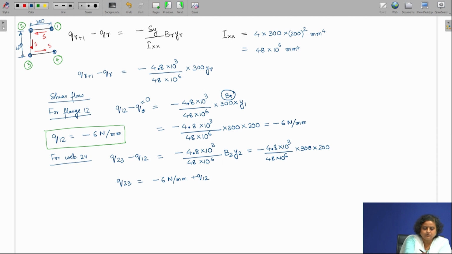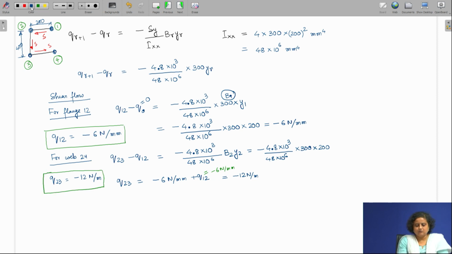Now, Q12 is again minus 6 Newton per millimeter. So, therefore, this is going to be minus 12 Newton per millimeter. So, Q23 is equal to minus 12 Newton per millimeter. So, this is the solution for web 23.